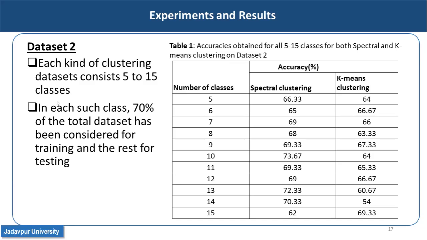So these are the labeled parts and these are the input parts. Here in each such class, 70% of the total dataset has been considered for training and the rest for testing. So here we find that the accuracies have been shown.